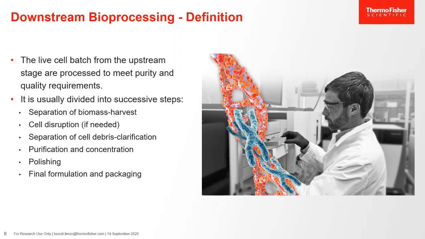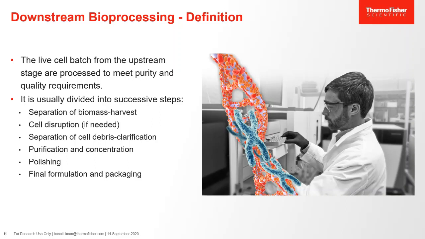When the intracellular product is kept in the cells, then the biomass, the cell pellet, is the harvest. When the product of interest is extracellular, then the supernatant is the harvest.